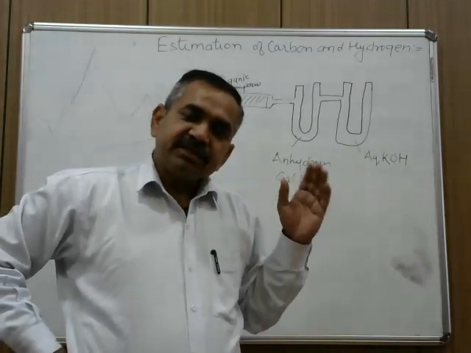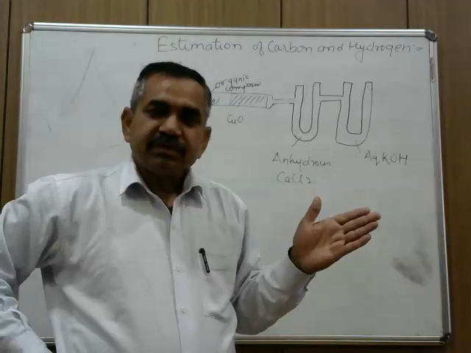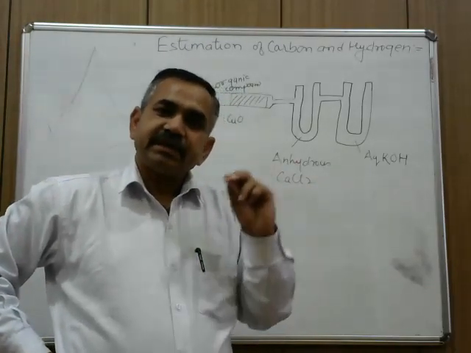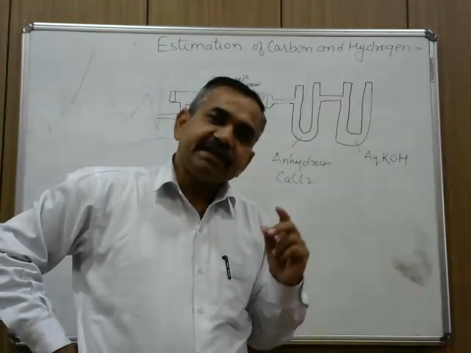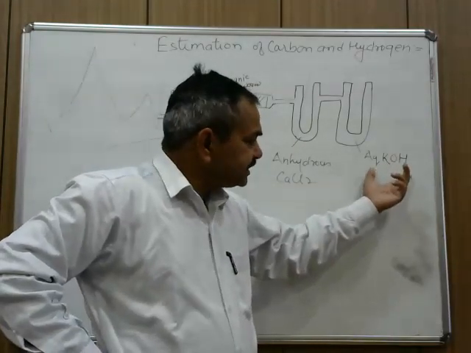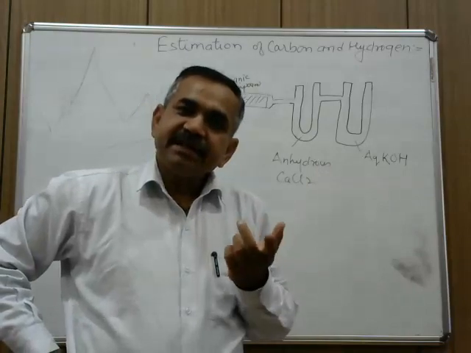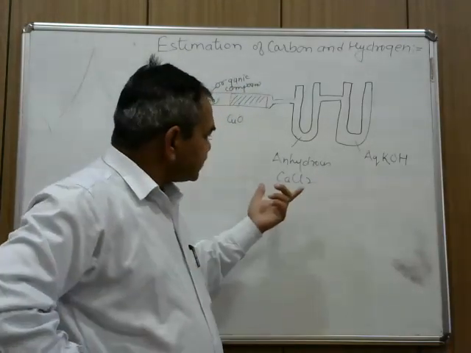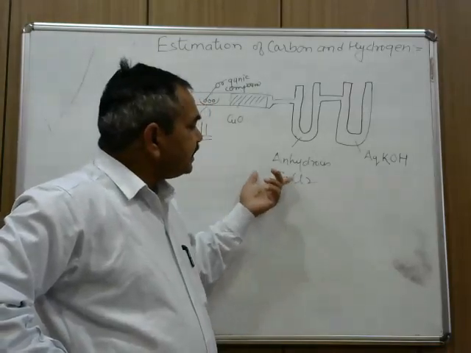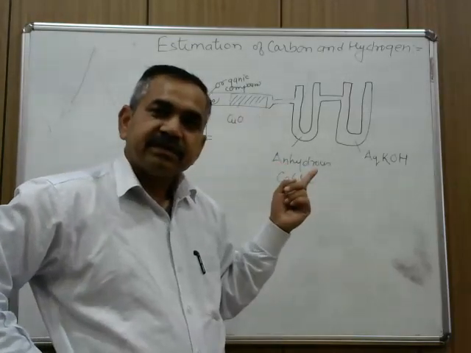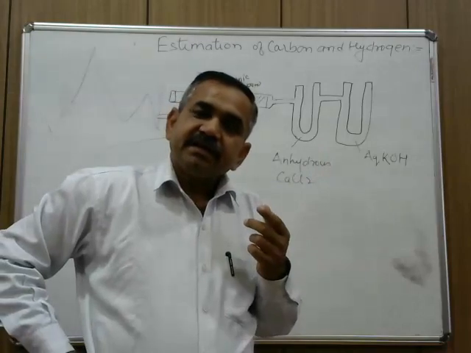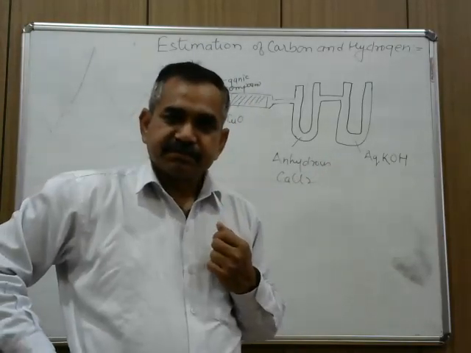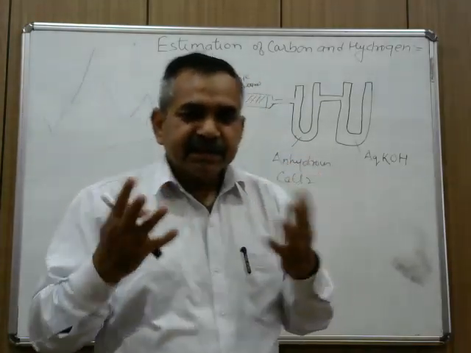So 10.30 minus 10 grams gives you 0.30 gram, which is the increase in weight of aqueous potassium hydroxide, and is the weight of the carbon dioxide which is formed. In a similar way, the increase in the weight of this tube will be the weight of water vapors that are formed. So this is the experimentation.